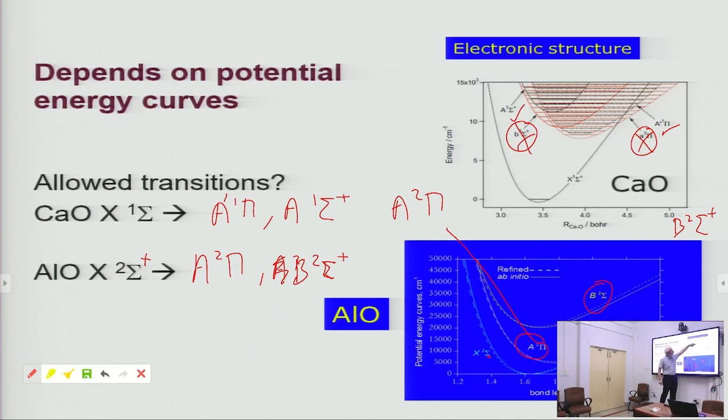Or to put it the other way around, you always get a metastable state here. But they tend to dissociate by other means because molecules have other electronic states that do this sort of thing. That's called predissociation, and we're not going to talk about that. Whereas if you have a doublet ground state, that normally means you've got one spare electron you can move around, and then you get a whole stack of doublet states, and they tend to be pretty much all allowed transitions. So whereas it was two random molecules, it's quite a typical situation.